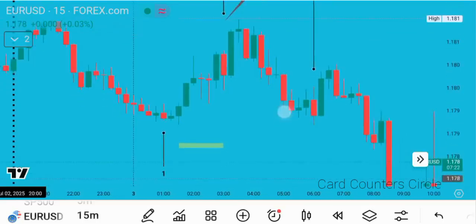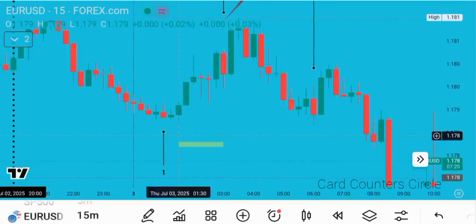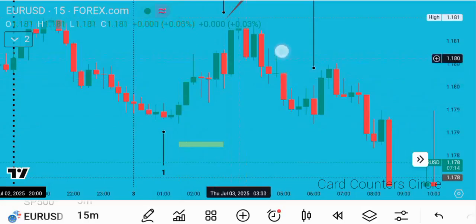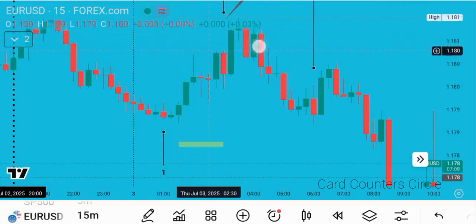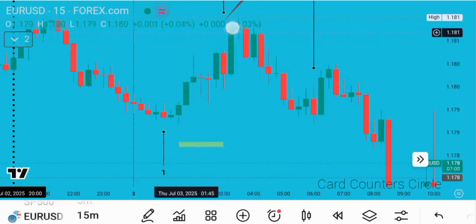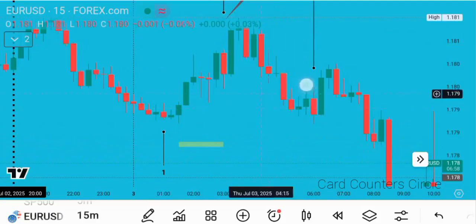So now we begin another count here, trying to figure out what these futuristic events of this 7 and 3 convergence are actually going to end at. What time would be the perfect point for us to be able to catch this reversal, or let's just say this expansion to the downside?